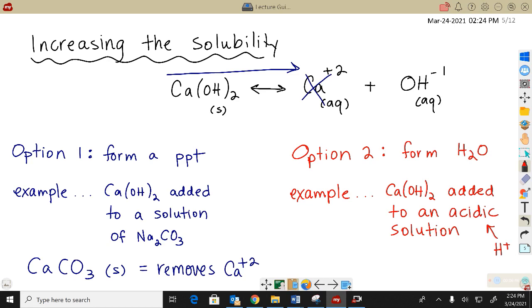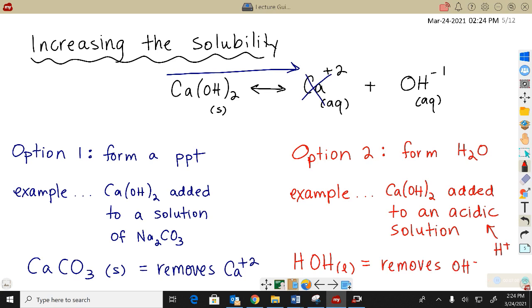They're both positive. But hydrogen would react with hydroxide and form water. So you'd form HOH, or liquid water. And then that would be a way of removing the hydroxide.